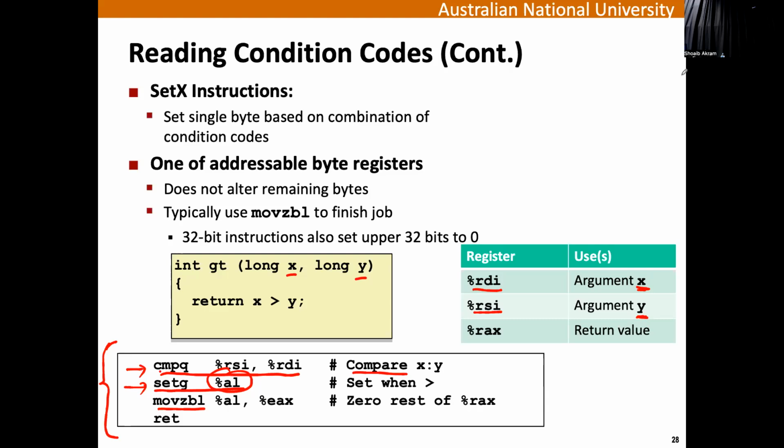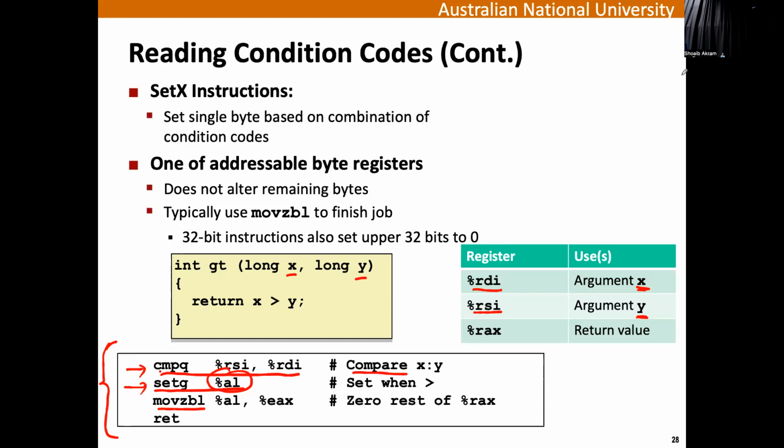The instruction says, move a byte into a long and zero everything else. So we take whatever is stored in AL, we copy it into EAX, and we zero the rest of RAX.